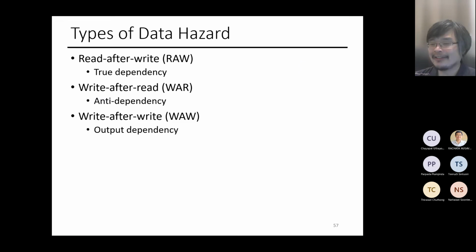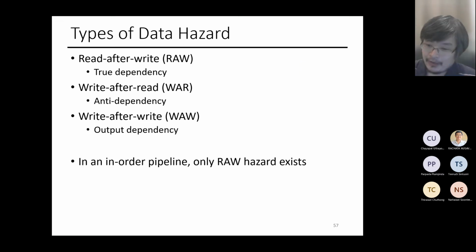Because they run things out of order. You don't run things line by line by line by line. You emulate a data flow machine. So in the 5-stage pipeline that you saw for now, only RAW data hazard exists, right?